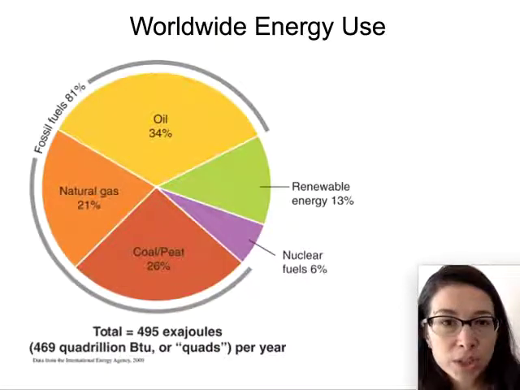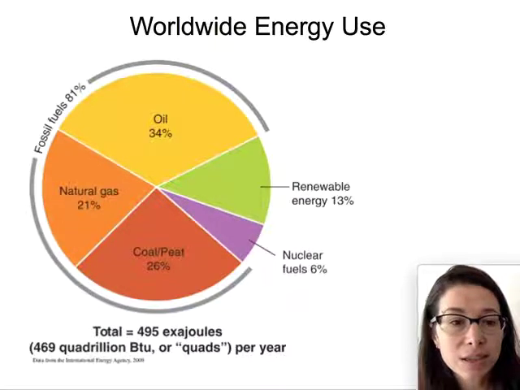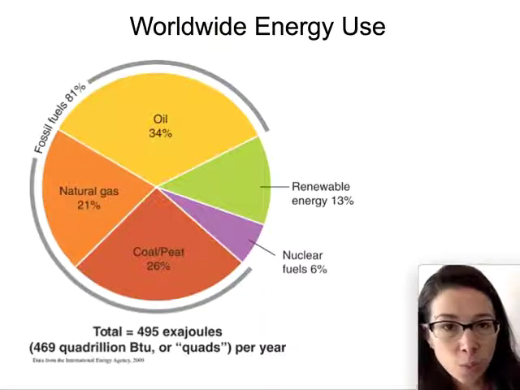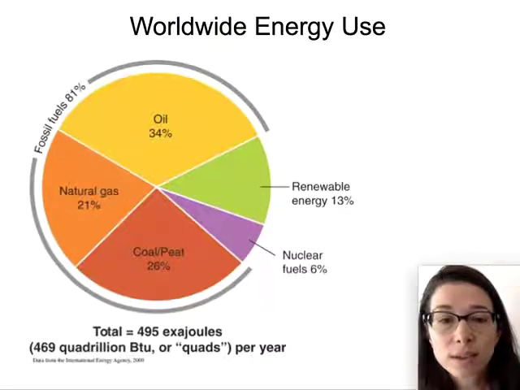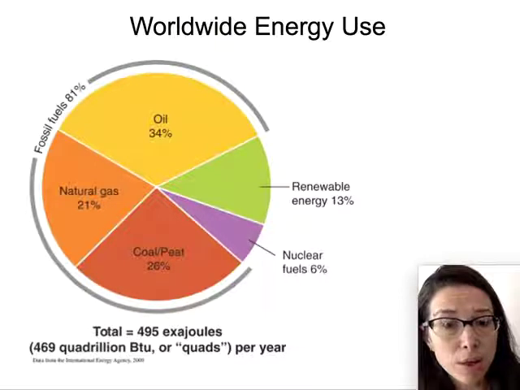So we've mentioned a few times now that electricity is generated largely through coal, petroleum, and natural gas in the United States. And if we just look at the worldwide energy use, how is that energy generated? So about a third is generated using oil, and about a quarter is generated with coal, and about a fifth is generated with natural gas.